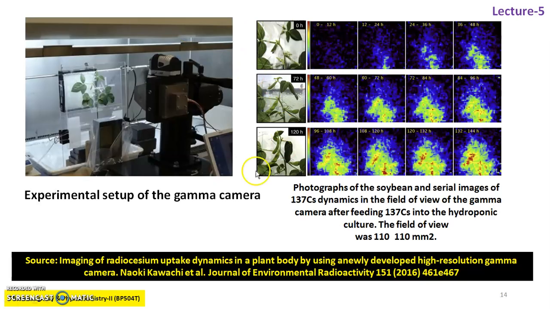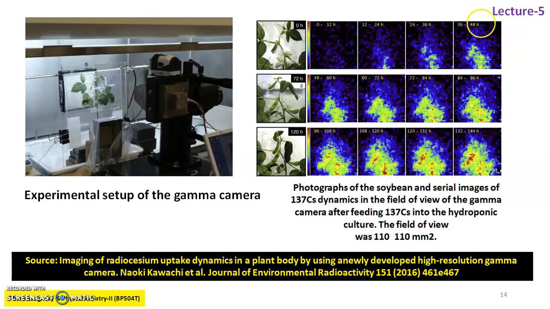Now, dear friends, this is another example. This plant is a hydroponic plant, and it has been treated with the radioactive isotope, again cesium-137. At 0 to 12 hours you can see the cesium-137 radioactive label was just inserted, and there is no further reaction. But after 12 to 24 hours it shows some fluorescence, because alpha, beta or gamma radiations are emitted by this cesium-137 when it is involved in biosynthetic reactions.